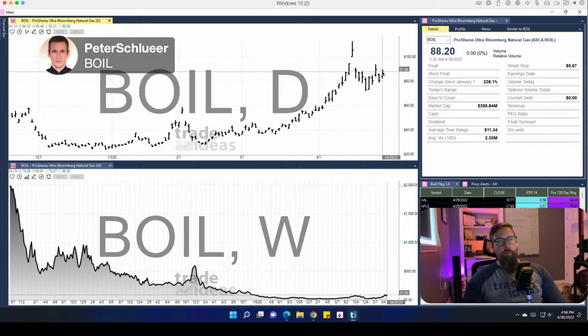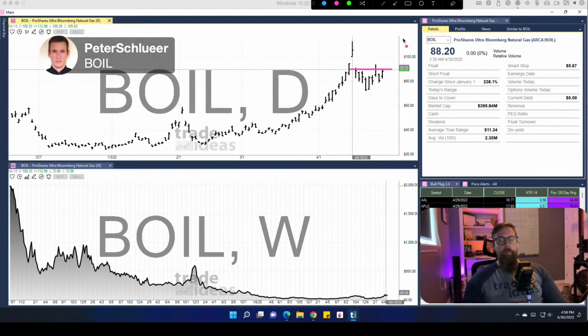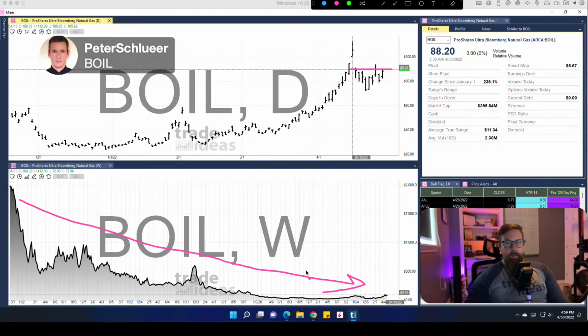It's holding up well. If we can hold above this area, we've had some struggling just holding above right here. So if we can hold above that, you might be interested. It might be a move higher there. Just know that you're holding something that is designed to degrade over time, so make sure that it's quick.